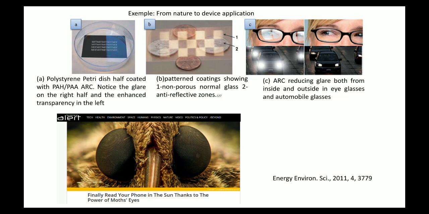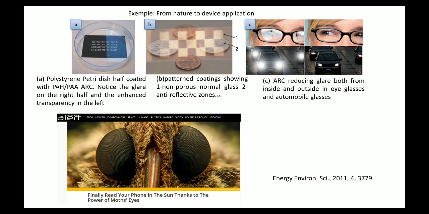The images shown here are represented with the letters A, B, C, and a description is given below each photo or image. So let us try to understand one by one.